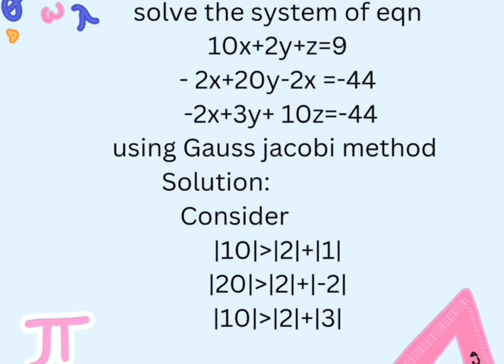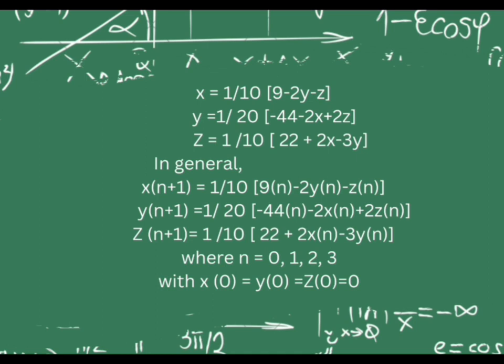As per the condition, convergence is satisfied. Since the diagonal elements are dominant in the system of equations, we can apply the Gauss-Jacobi method.